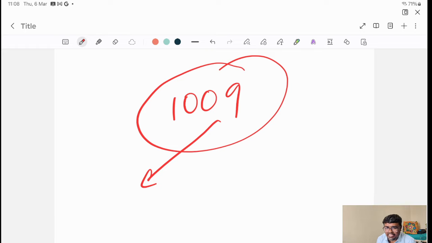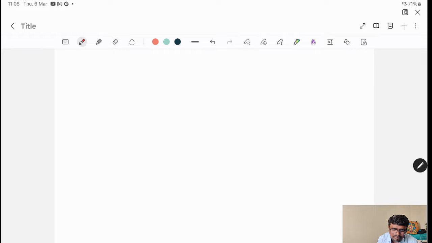It is not 1001, not 1003, and not 1007. These are very few things which you need to remember related to prime numbers. I hope you focus on these numbers. Obviously, once you understand prime numbers, a number which is not prime is known as a composite number.